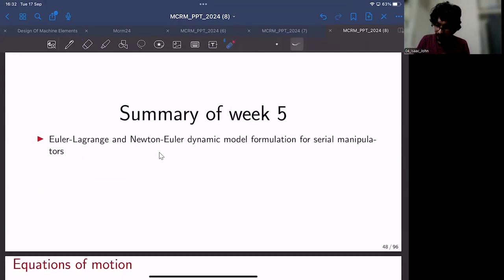So for the entirety of week 5, we were discussing the derivations of the dynamic model of the robot using two different schemes, using Euler-Lagrange or Newton-Euler method.